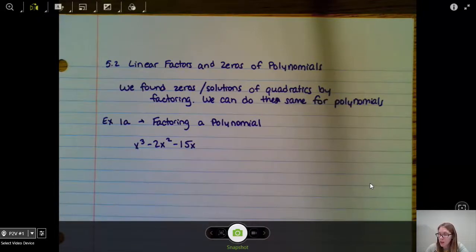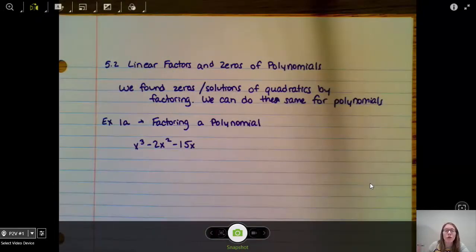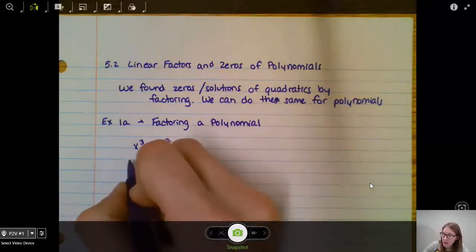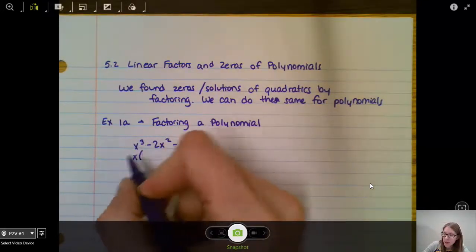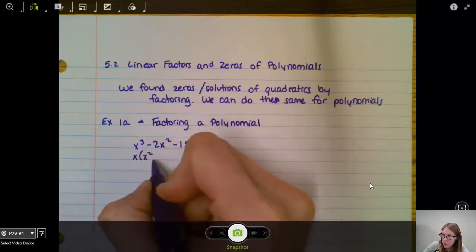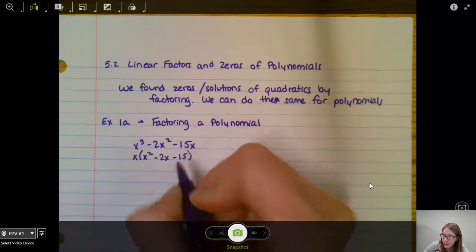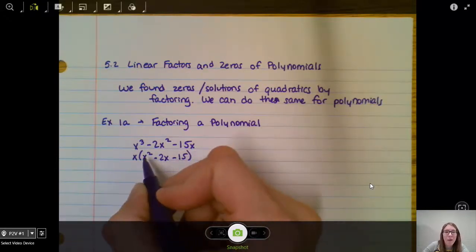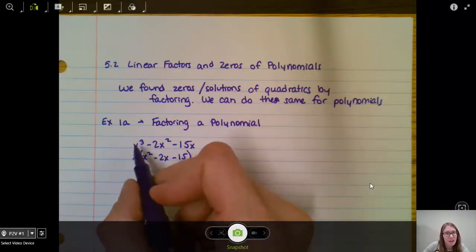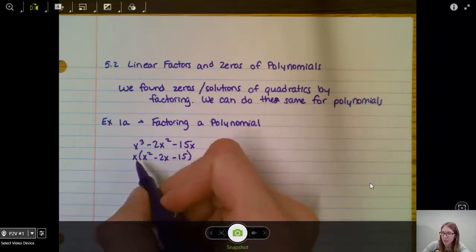So the first thing that I notice is that all of these terms have an x in common. So let's factor out an x. And once we do that, we get x squared minus 2x minus 15. And this inside part looks a lot more familiar to us than what we originally started out with. And all it took was us factoring out that x to see.